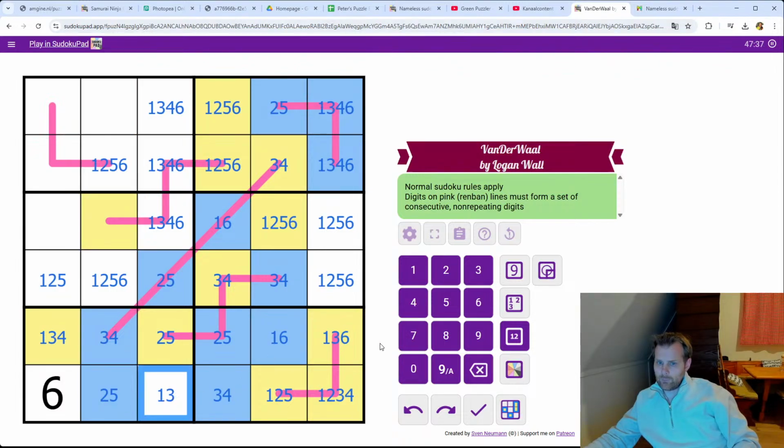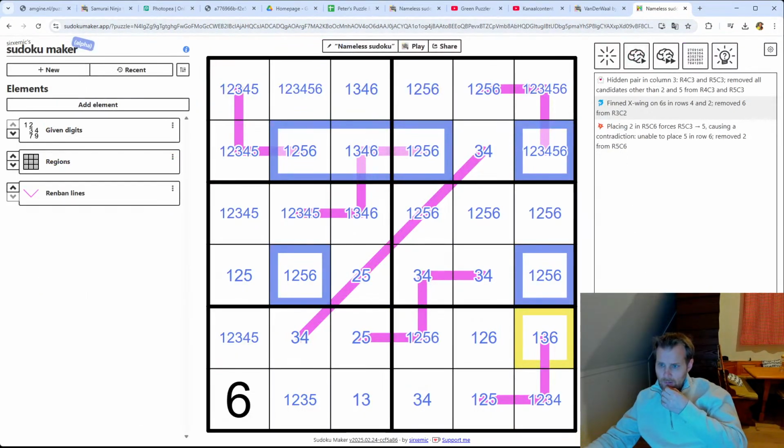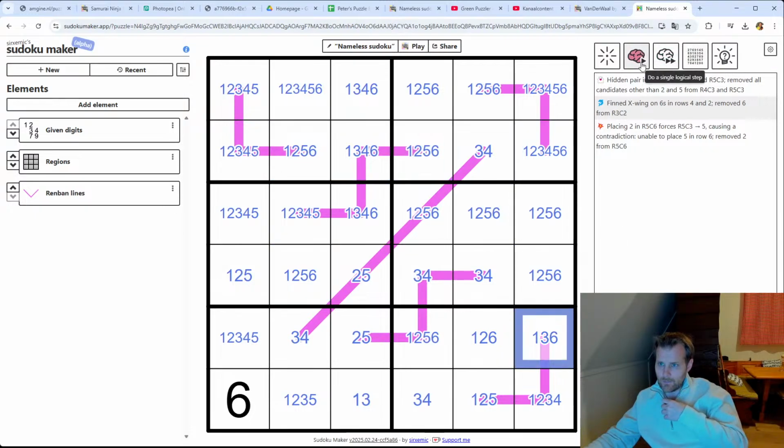Oh wait, now yeah, okay, but we already knew this. Yeah, okay. Row 2, column 6 forces.